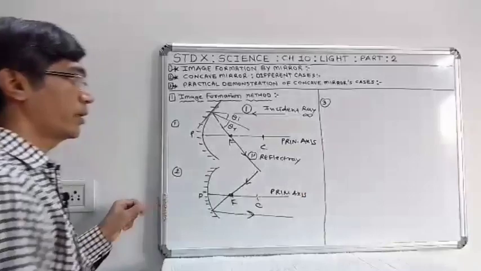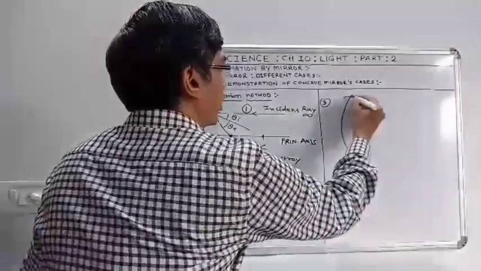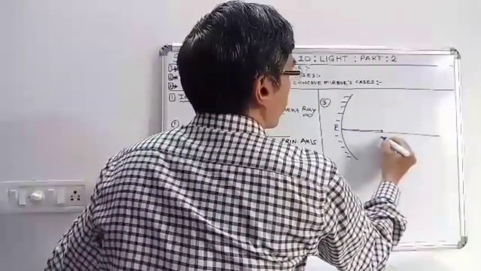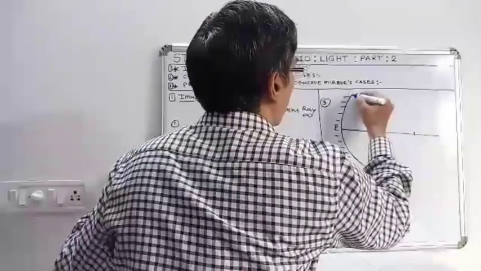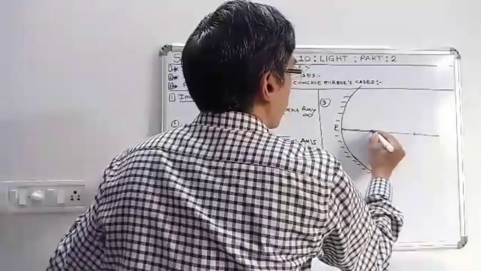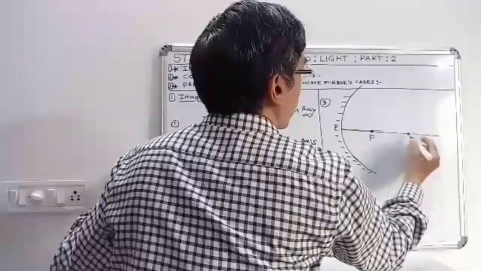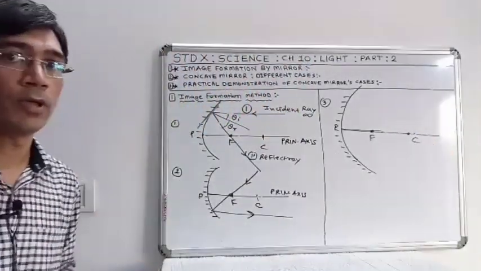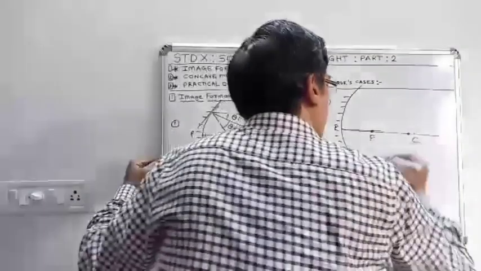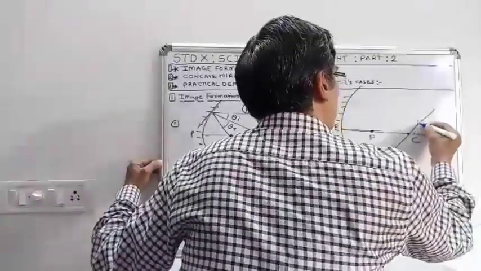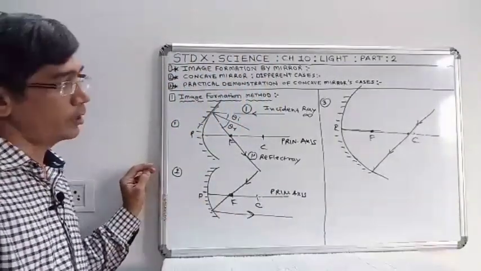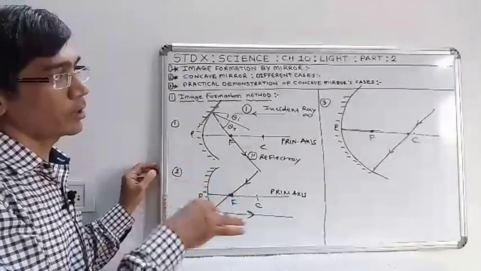Third, if the ray is passing through the center of curvature and incident on the concave mirror, then it is reflected back and goes along the same path but in the opposite direction.